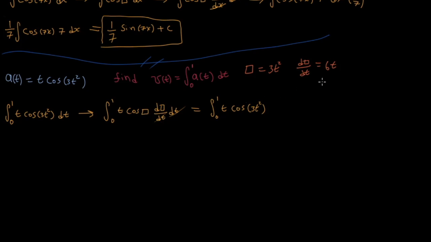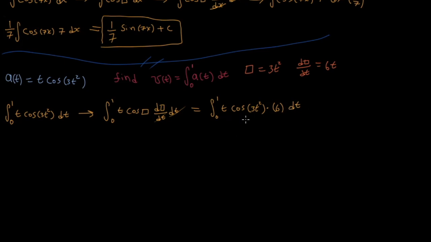Now, notice how we already have a t here. What we need to do now is just multiply it by something that will give us 6t. So since the t is already here, all we have to do is multiply by a 6, and that takes care of this dt.